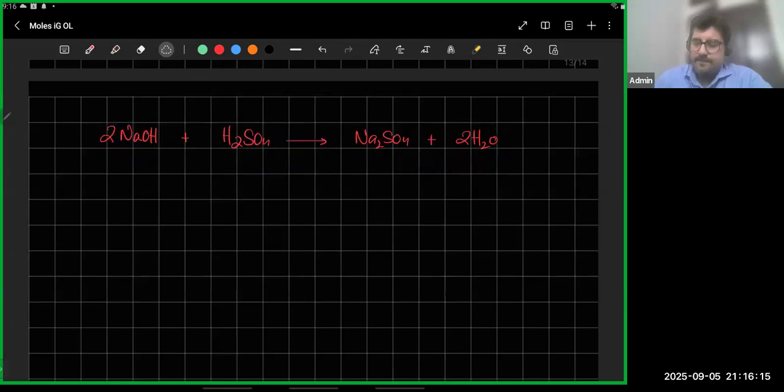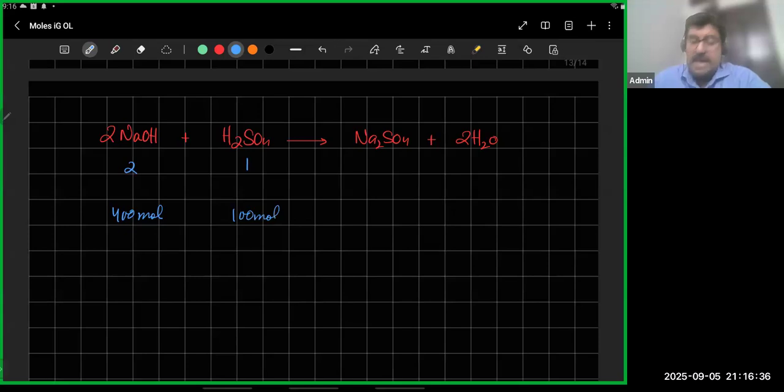So we've got this one. What is the ratio? It's 2:1, right? I've got 400 moles of this, and I've got 100 moles of this.